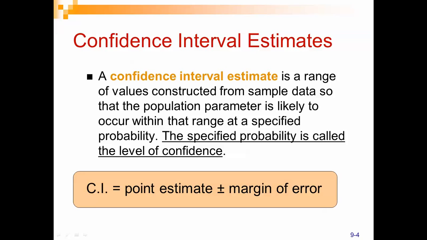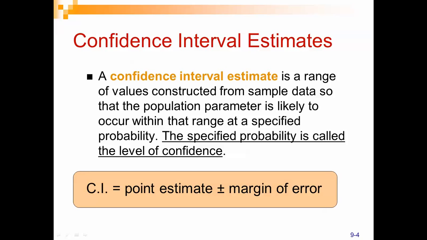So we have our point estimate, which again, that's our best guess of the population parameter. And when we use interval estimation, we're saying I don't know the exact value of the population parameter, but I'm 95% confident, or some other value, that the value falls between the following two numbers. The margin of error is the maximum expected difference, or the error between the sample mean and the true population mean, depending on the level of confidence.